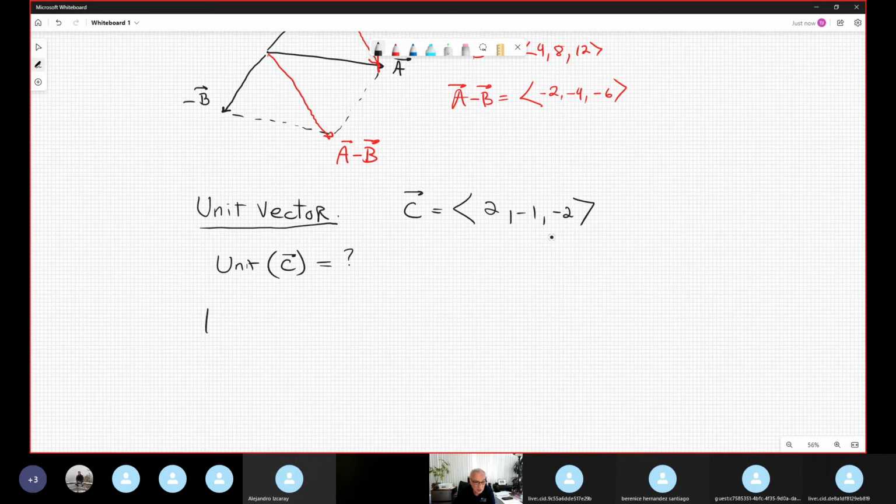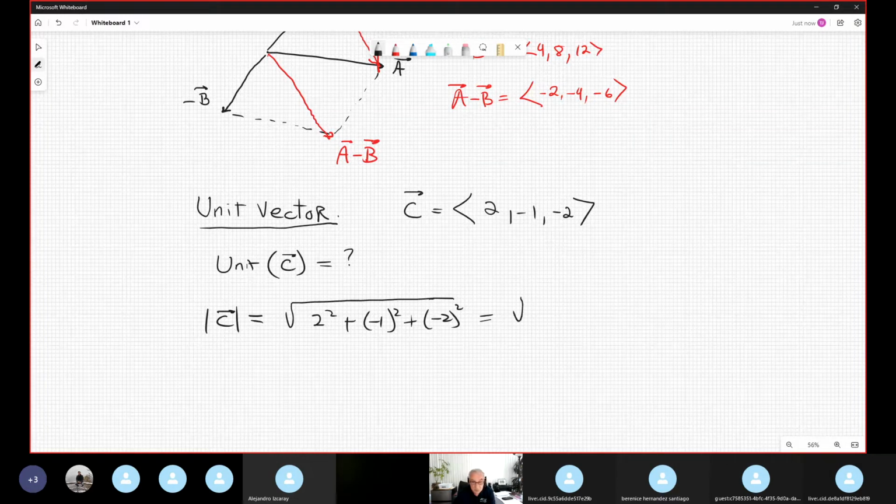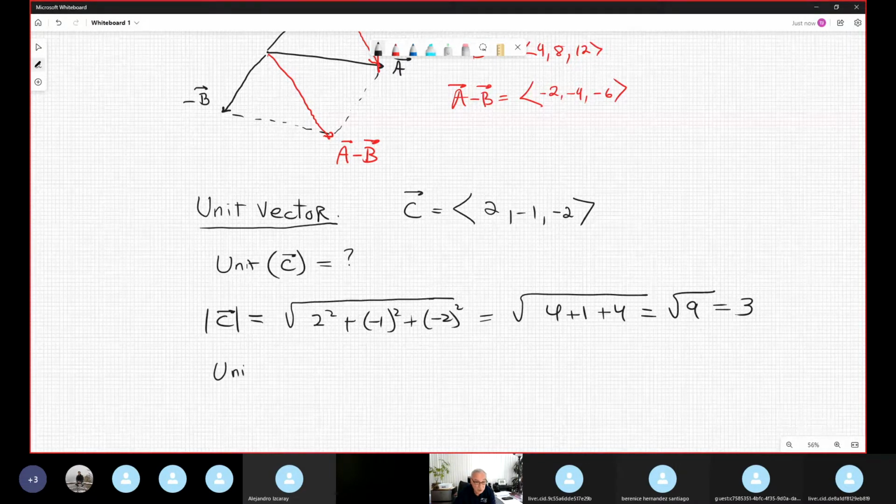You compute the magnitude of the C. Que es square root 2 square plus negative 1 square plus negative 2 square, ¿no? Entonces es 4 plus 1 plus 4 is 9, square root 9 is 3.